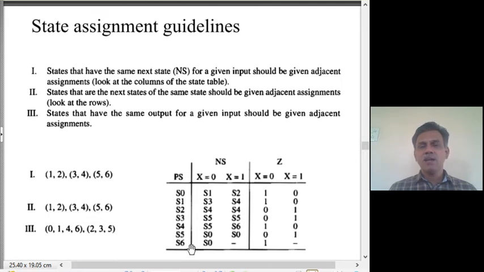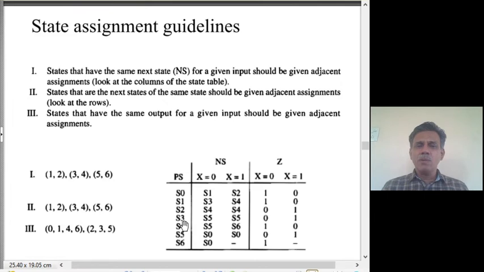Which means that we encode it such that the decimal equivalent of that binary number is the same as the subscript that we have used for the state. If you have S3, the subscript is 3, and the binary number equivalent to this decimal is 011. So, you just use that as the encoding mechanism.